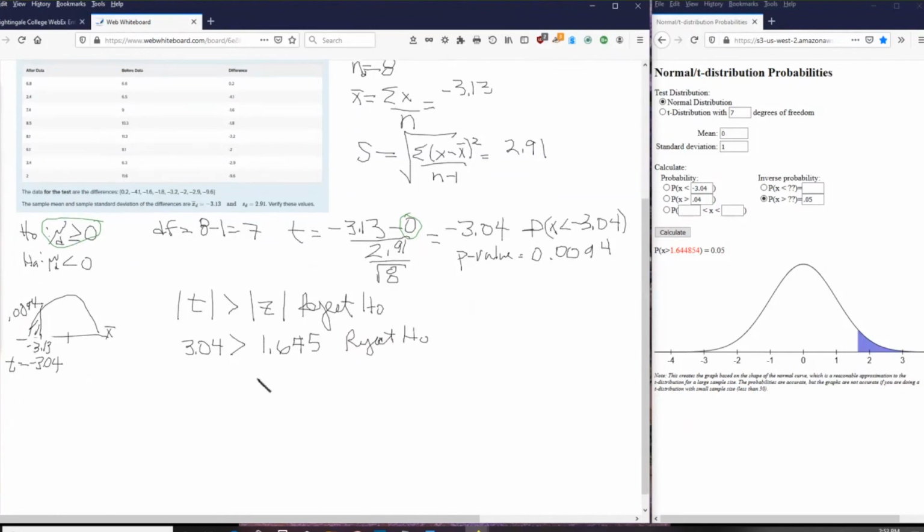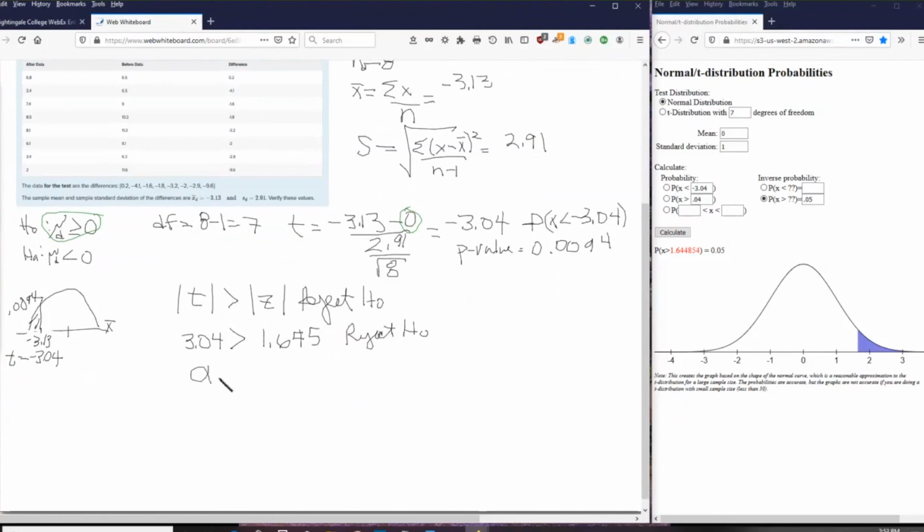Now let's compare my critical level alpha. If that's also greater than my p-value, then that's also going to tell me to reject my null hypothesis.